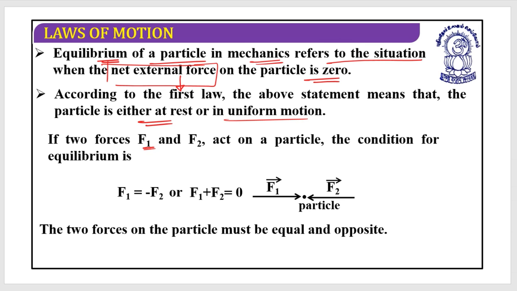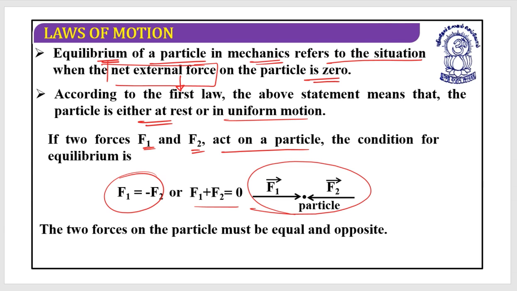Suppose two forces F1 and F2 are acting on a particle. The condition for equilibrium is that the resulting effect of the two should be zero. So I can write F1 + F2 = 0, or F1 = -F2.